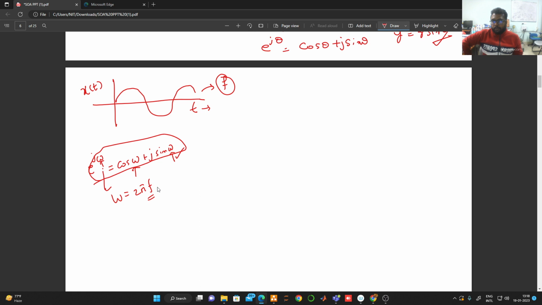Say I am taking different values of f, ranging from f1 to fn. We will get, initially, cos of 2 pi f1 t plus j sin 2 pi f1 t, then f2 t, and so on for different f values. Based on that you will get different signals.